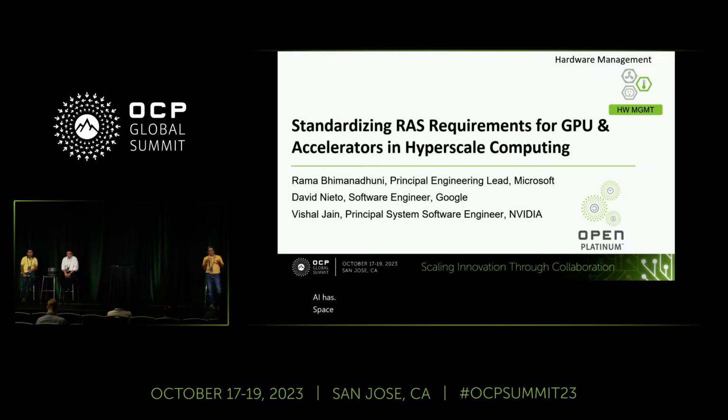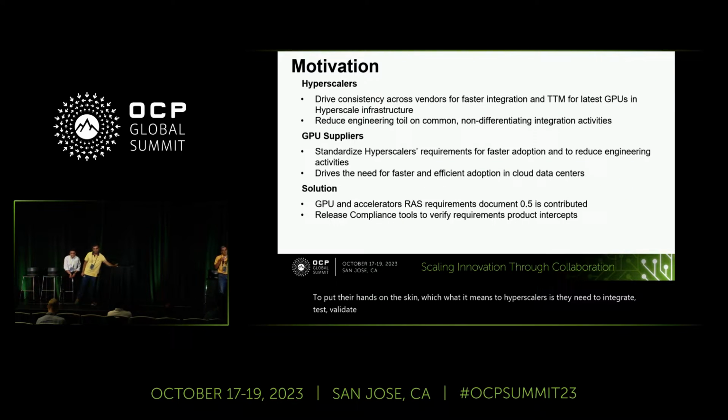What it really means to us as vendors is that AI workloads need to take advantage of the latest, greatest GPU technologies at the fastest pace. They cannot wait to put their hands on this gear, which means hyperscalers need to integrate, test, validate, and operationalize their data centers to integrate GPUs, right?